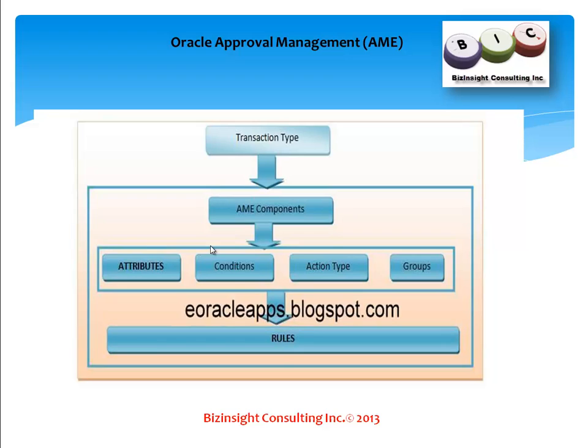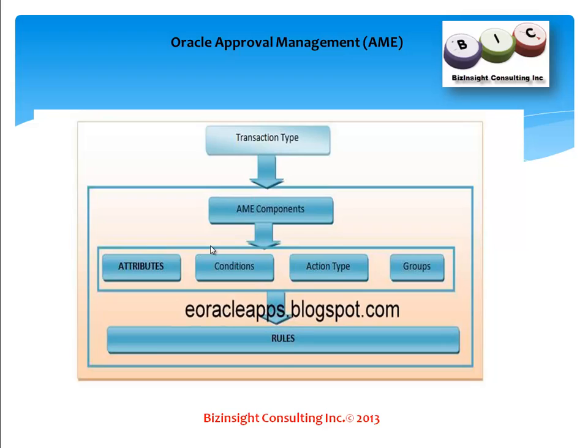And then there is something called group. In my case, action type was based on the job level, but many a time we have a requirement where we want to generate a list of approval which are not based on any rule. I just handpicked a few people and I want them to be part of the approval. Since those people are handpicked and cannot be defined by any HR rule or anything else, I create a group and enter those handpicked people's names in that group, and then I can use that group as a part of my rule.